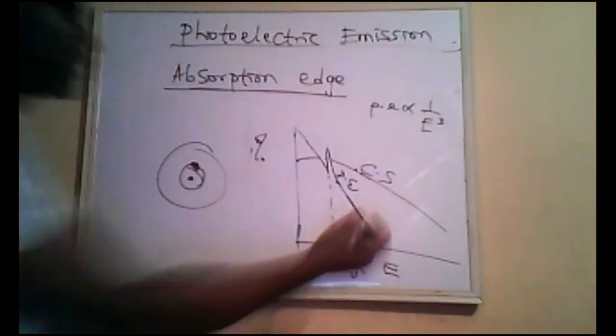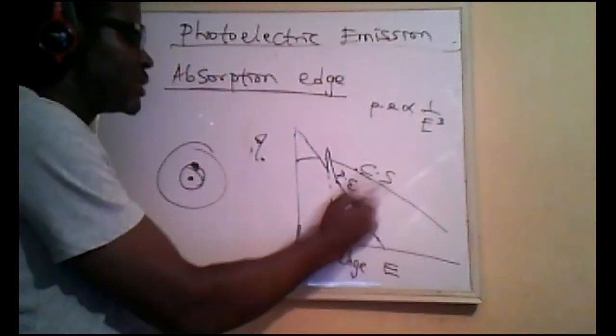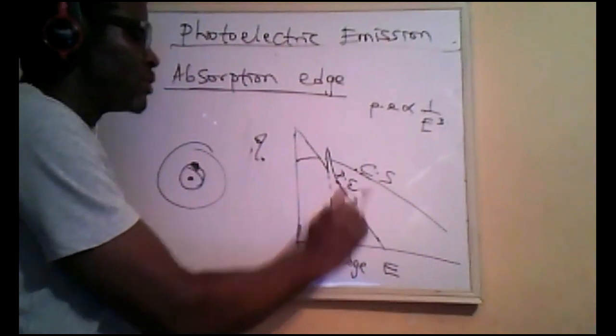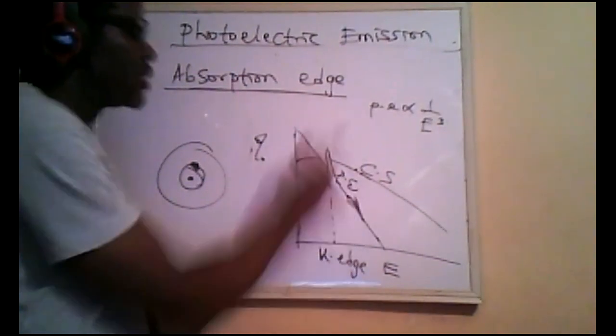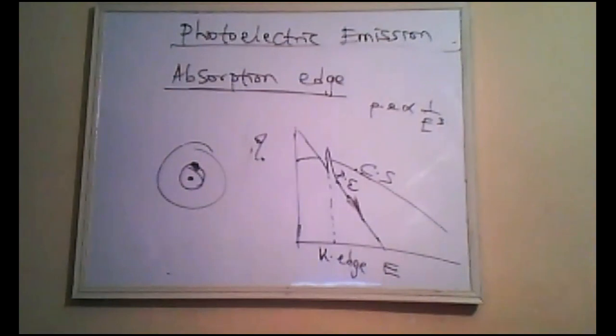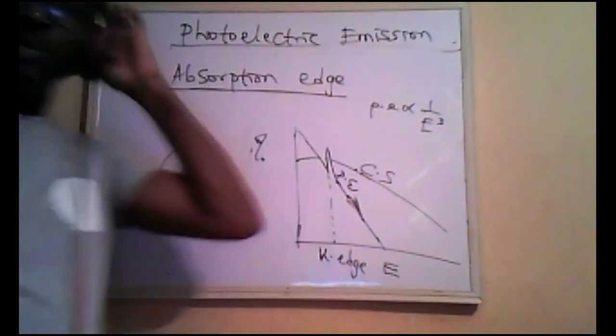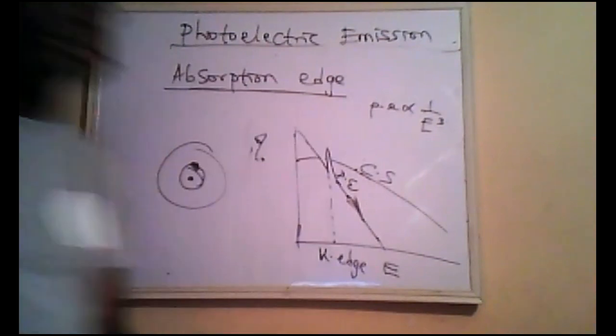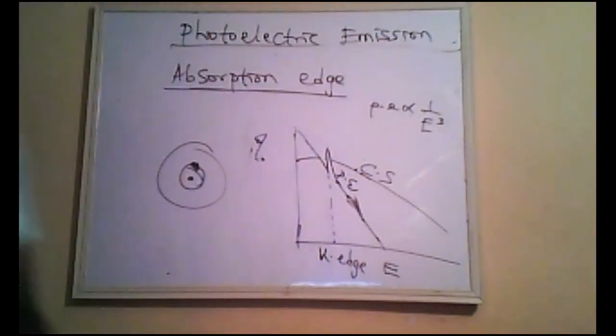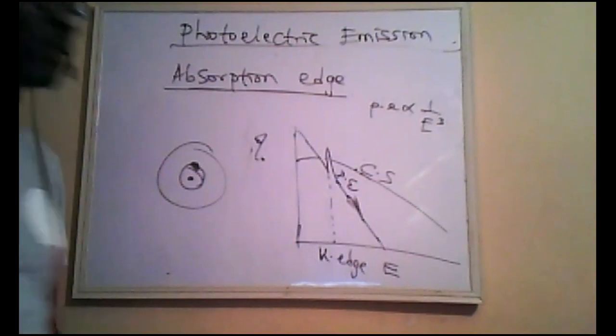You can also have an L edge, and so on and so forth. This only happens with photoelectric emission. This feature is made use of in selecting filters, especially in mammography.